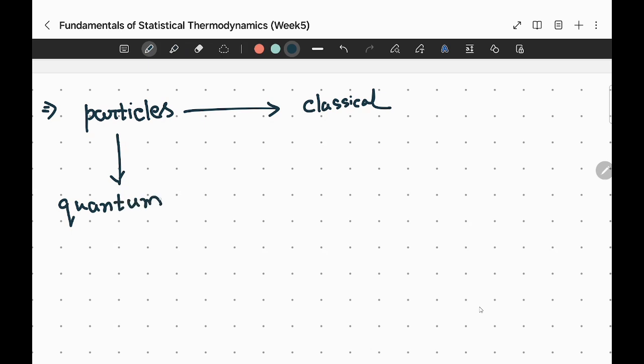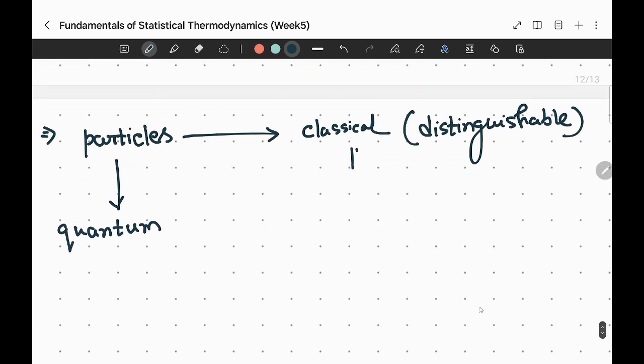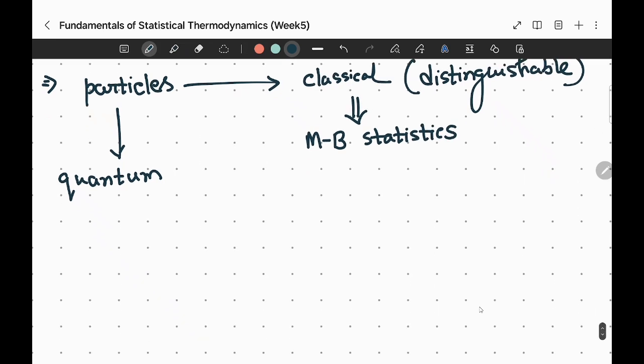Classical particles are always distinguishable due to their trajectory, and this type of classical particle follows the Maxwell-Boltzmann statistics. That's why it's also called Maxwell-Boltzmann particle. For these particles, you can write Q is equal to q to the power N. Now coming to the quantum mechanical particle. There are two types of quantum mechanical particle, fermion and boson.